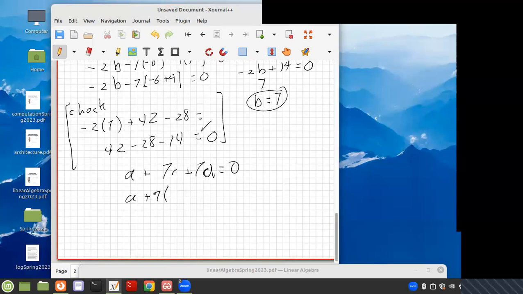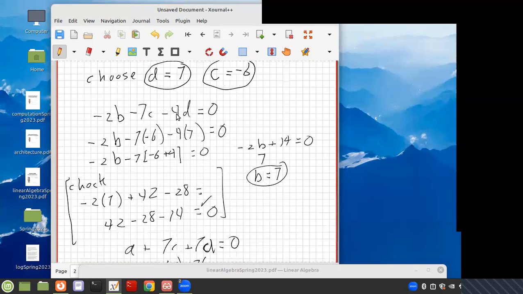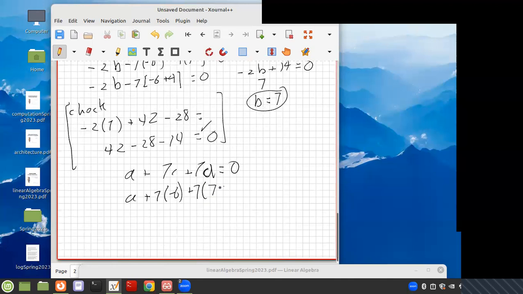C is minus 6, yes. Minus 6 plus 7 times D, which is 7, equals 0. So this is going to be A plus 7 times minus 6 plus 7 equals 0. Well, that's 1. So A is equal to minus 7.